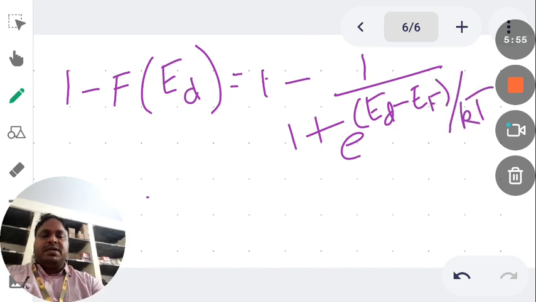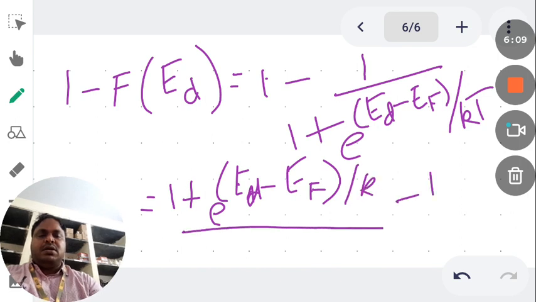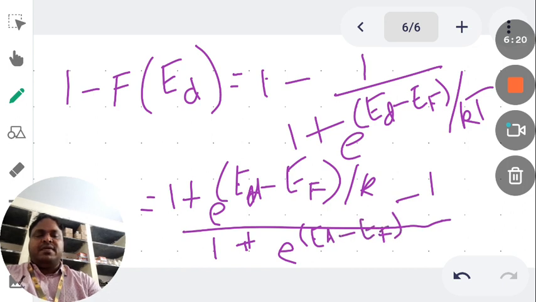With simple mathematics, you will get [1 plus e power (ED minus EF) by KT minus 1] divided by [1 plus e power (ED minus EF) by KT].